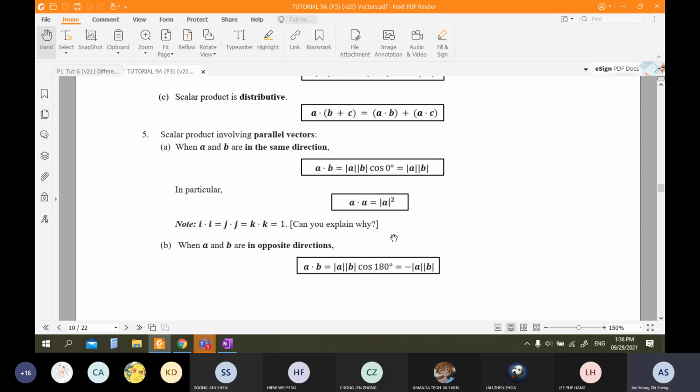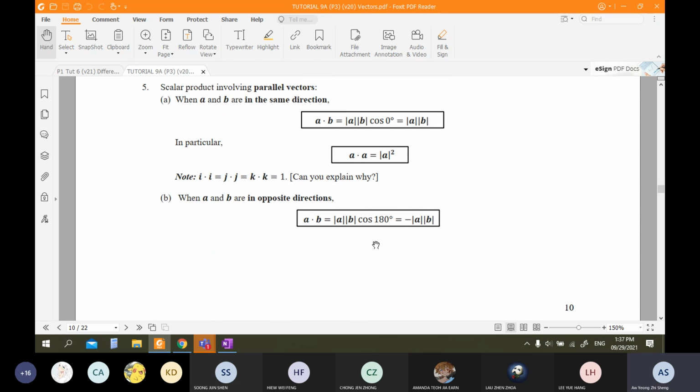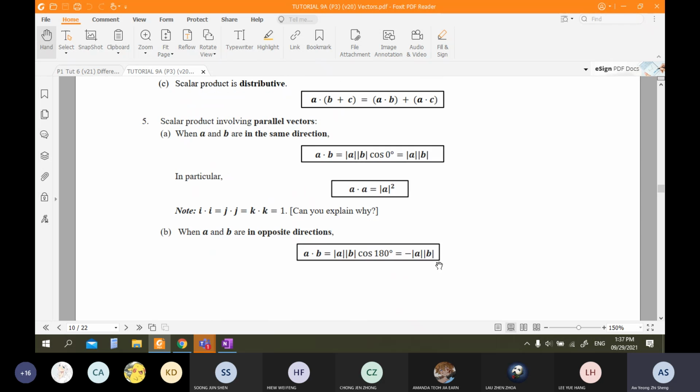Poor Nation asks, what exactly are we finding in graphical terms when we get the scalar product of two vectors? Well, we are not learning the graphical interpretation of scalar product in our syllabus yet, and so I wouldn't want to talk about it.